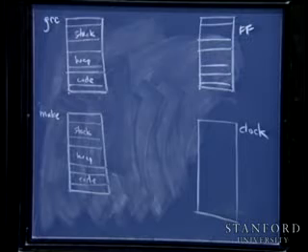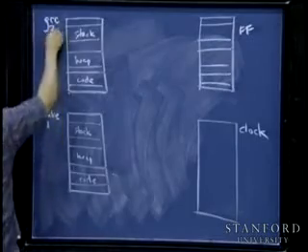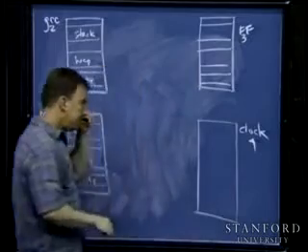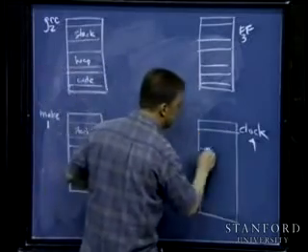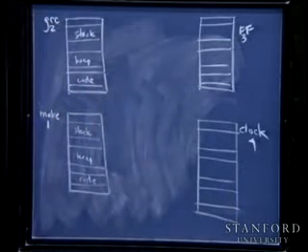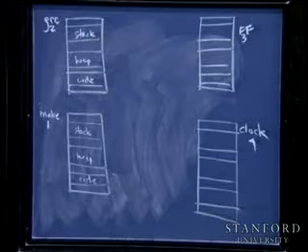Those are 4 virtual address spaces that all seem to be active at the same time. I'm going to call this process 1, this process 2, this process 3, and this process 4. When I draw these little bands of segments, these are what they're called, segments, they're all assuming that they have as much room to stretch out to make the stack as big as necessary, the heap as big as necessary to meet the demands of the program.